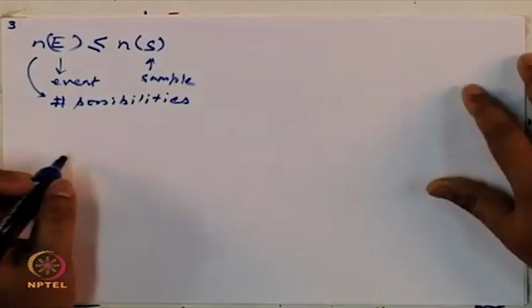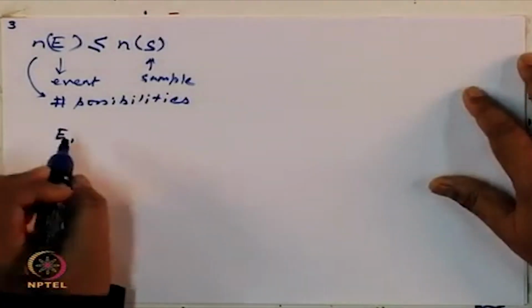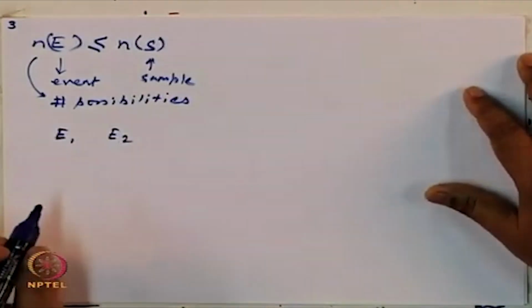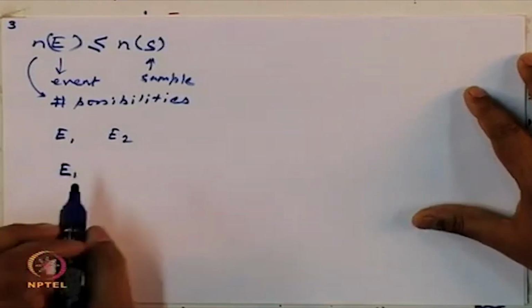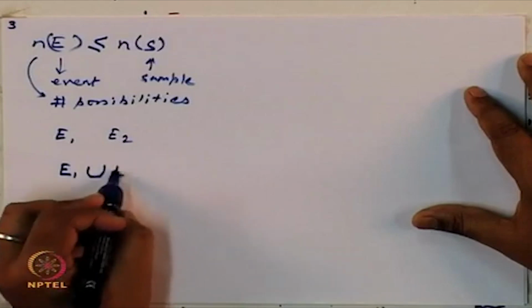Now, given two events, let us say E1 and E2, I can think of an event which is represented by E1 union E2.